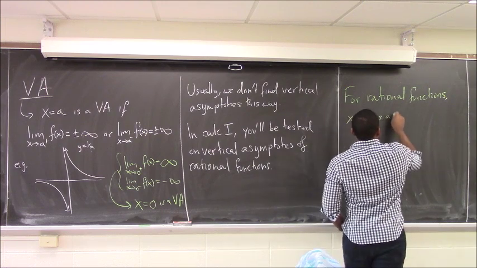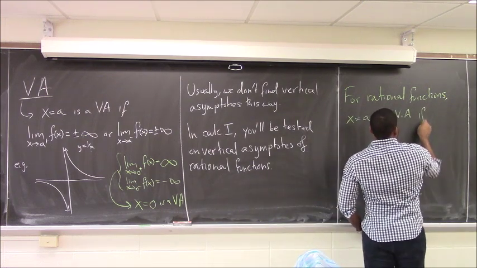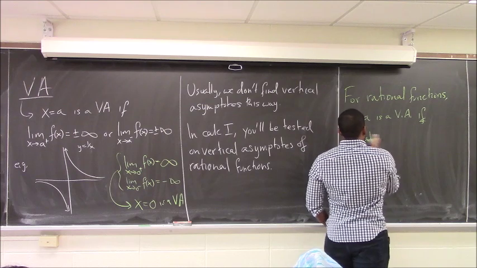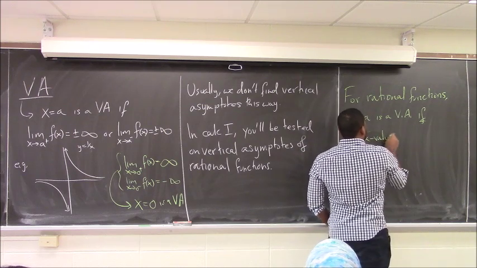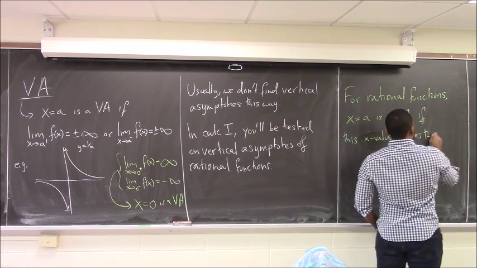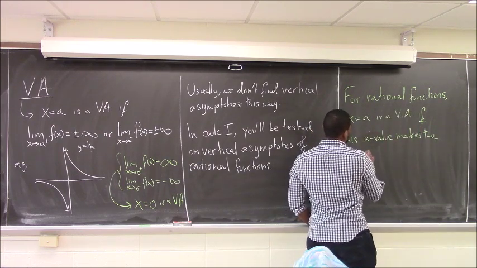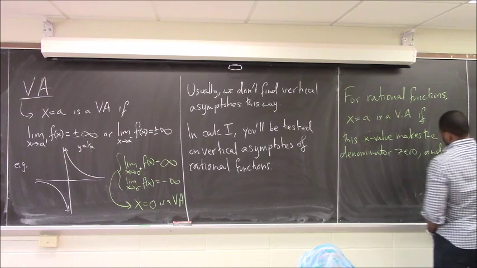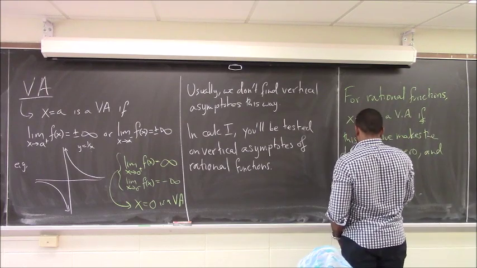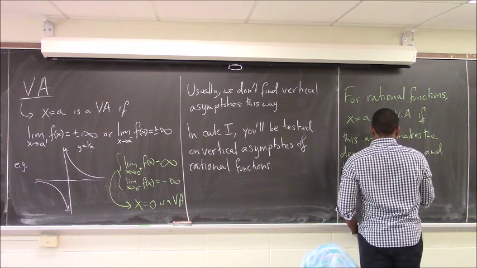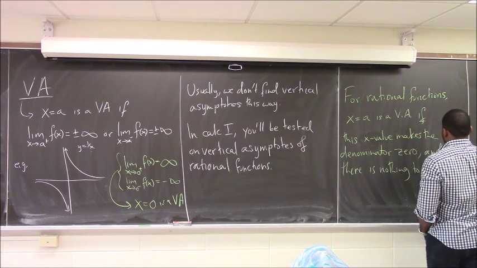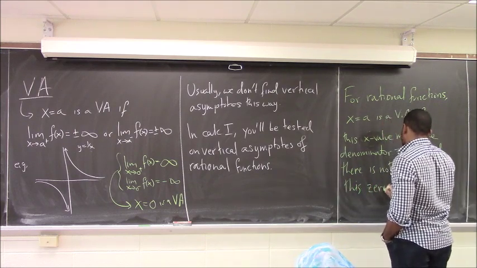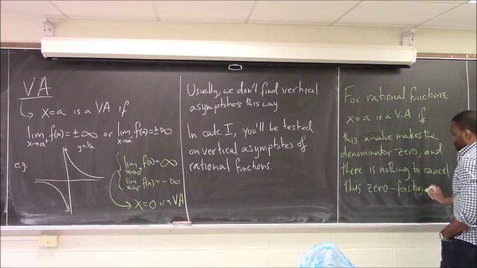X equals a is a vertical asymptote if this x value makes the denominator 0, and there is nothing to cancel this 0 factor.